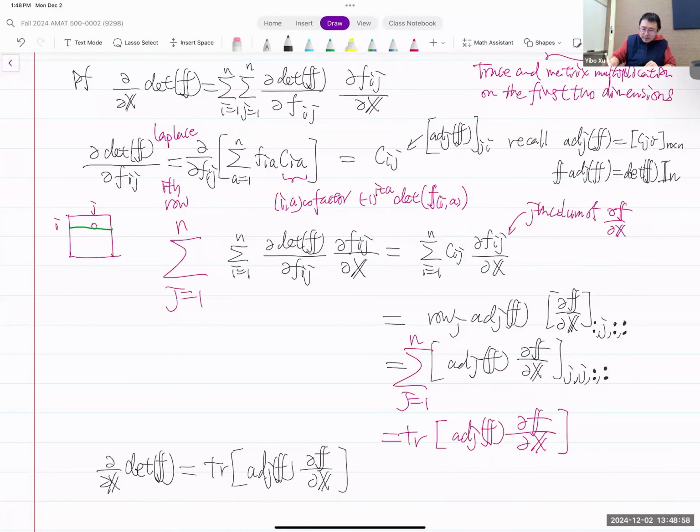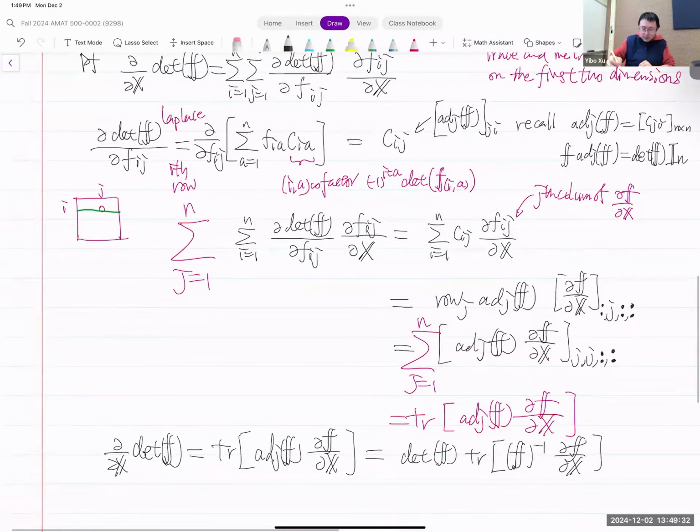Realize that the aggregate follows this property: if your F is invertible, then the aggregate of F equals the determinant times F inverse. And now the determinant you can take out of the trace. So this equals the determinant of F multiplying the trace of F inverse times the tensor.